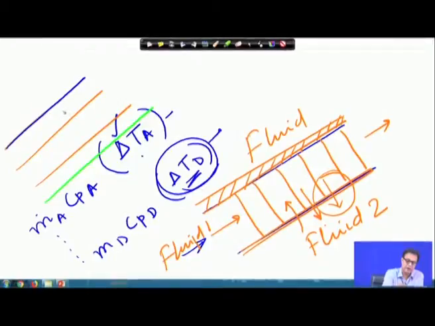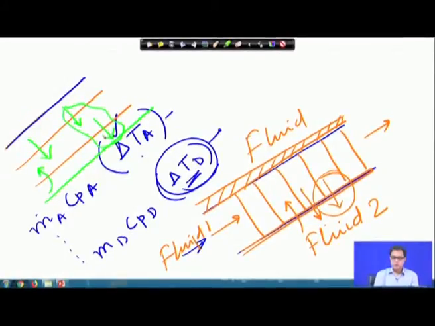So, either it may give heat to this one depending on the fluid temperatures, or the situation may be such that it is receiving heat, and also receiving it from the bottom fluid. So, there are different configurations that are possible, and the simulation has to take account of that situation.